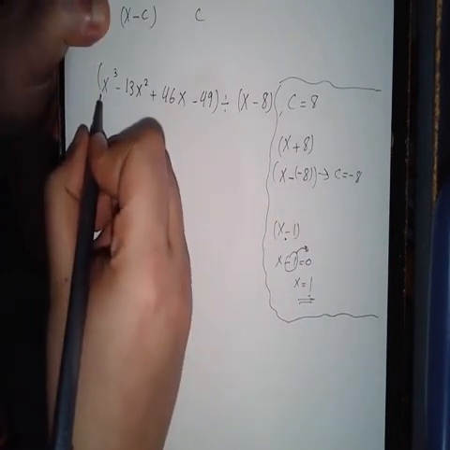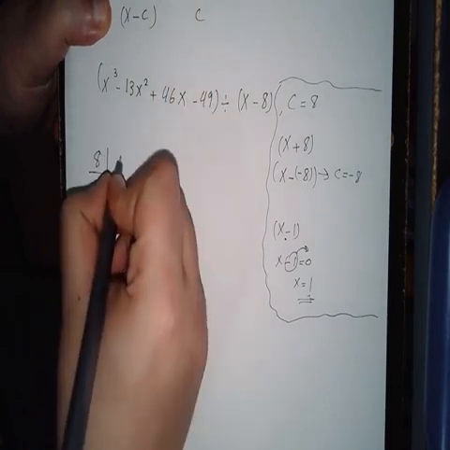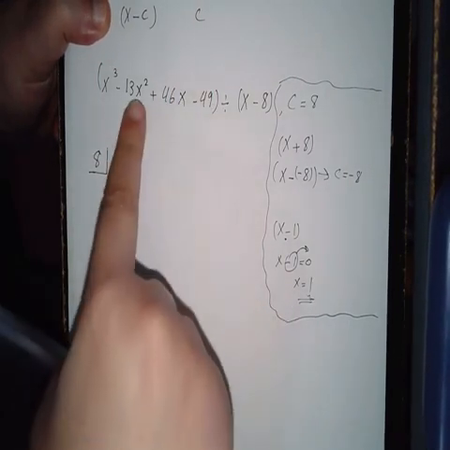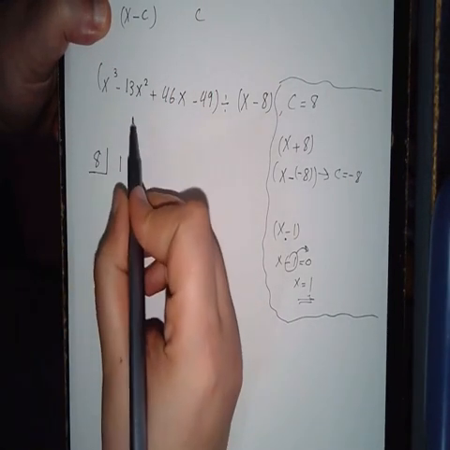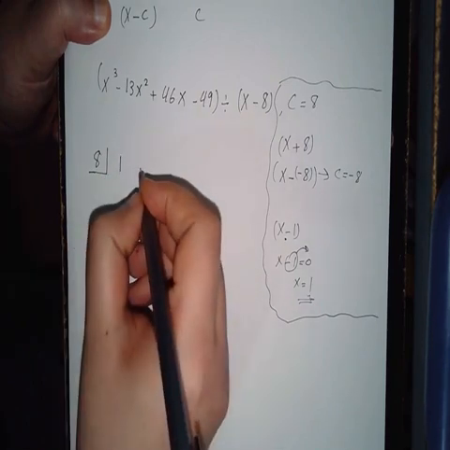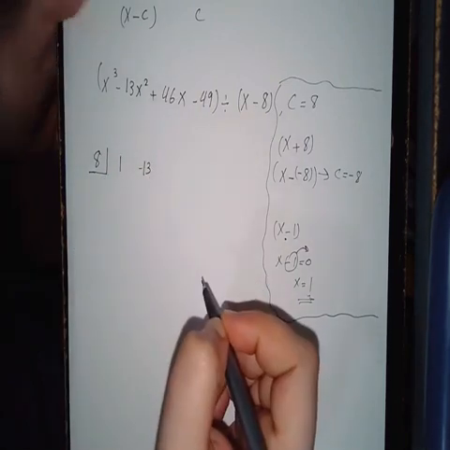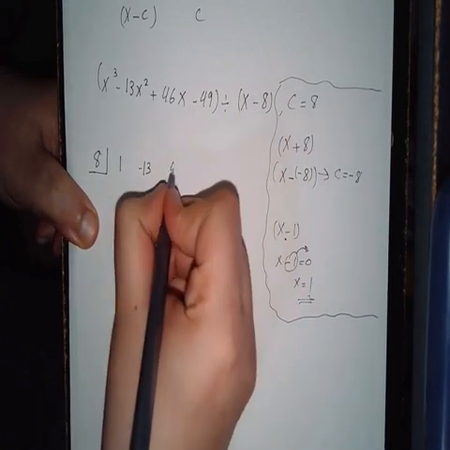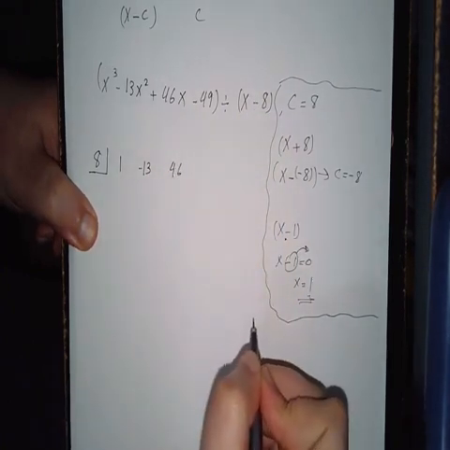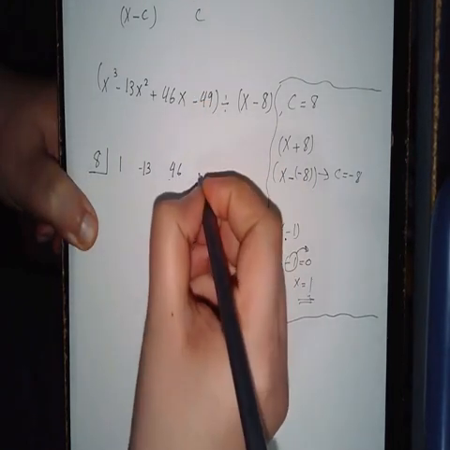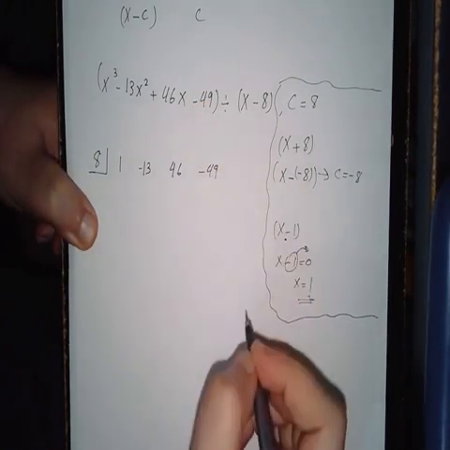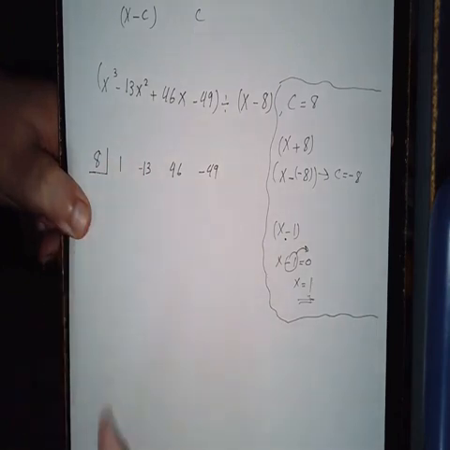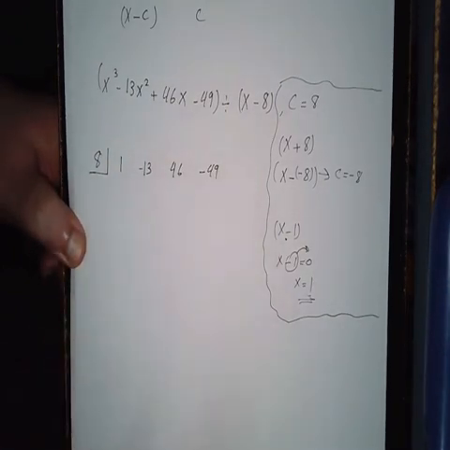The coefficient over here is the number 1, so I just write down 1. The next coefficient is -13, so I'm going to leave room and then write -13. Next one is +46, so leave room, 46. The next one is -48, so leave room, -48. See how they're spaced out? I'm not adding or subtracting them. I'm just writing them in that order.